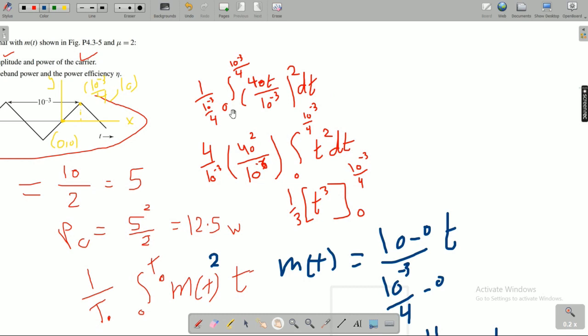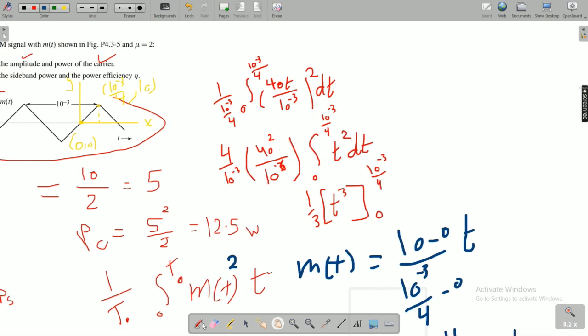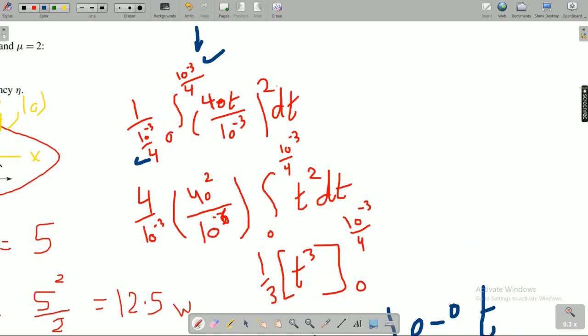That's why we have taken the function and squared it. And we will not integrate over the period T naught. We will integrate over the quarter of the period, because we have taken the quarter of the function. So I am using T naught over 4, and since my T naught equals 10 to the power negative 3, it will be 10 to the power negative 3 over 4.